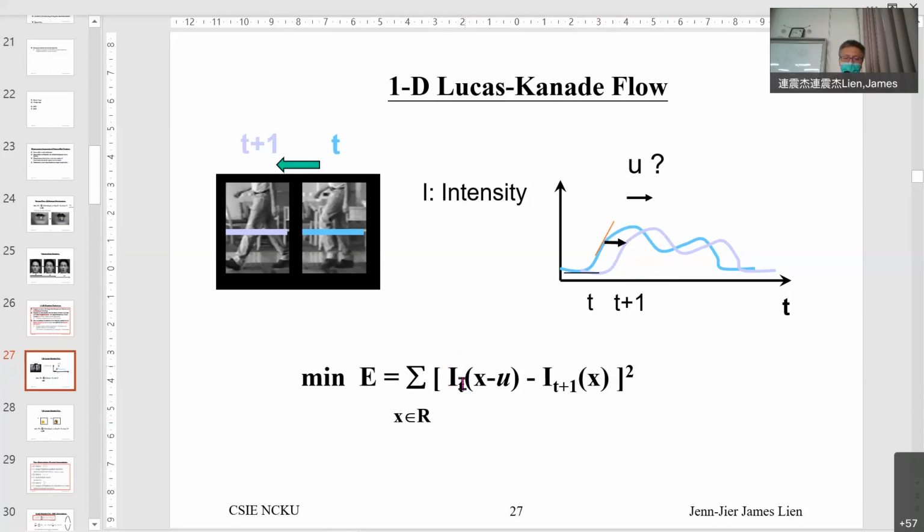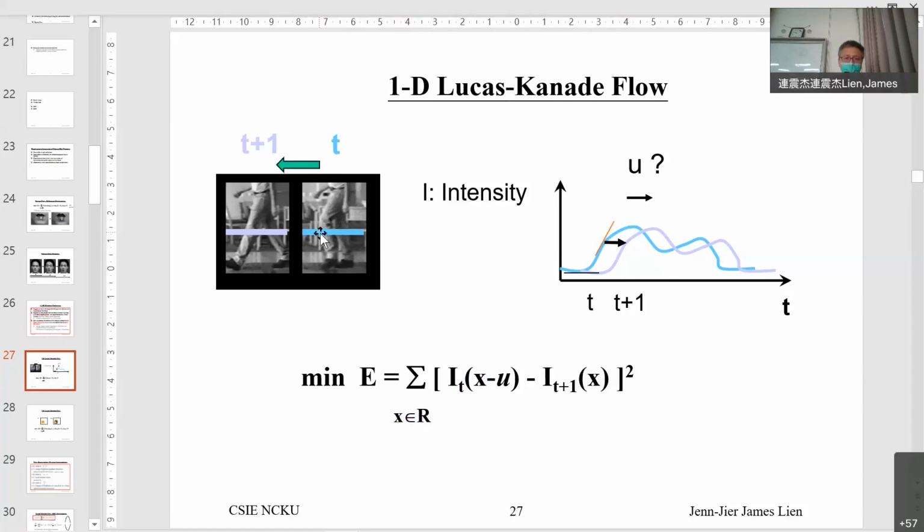the original is I_t, the position is, suppose, x, and x is, suppose, belonging to some region. So in this case, suppose R belongs to a small patch.